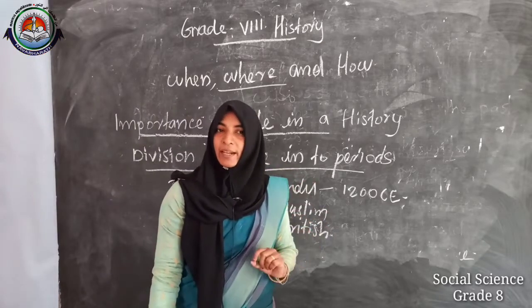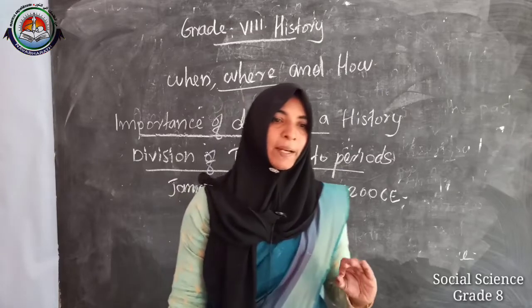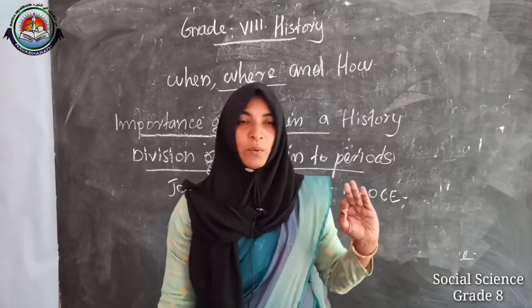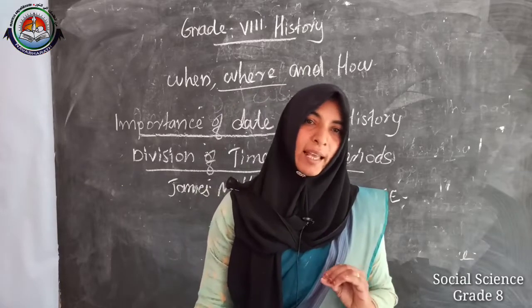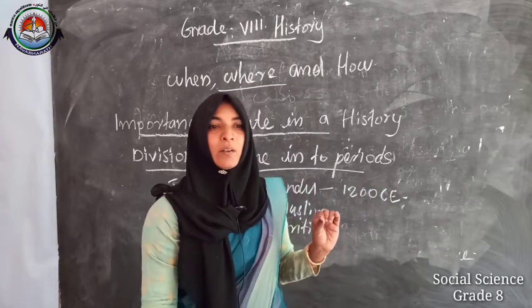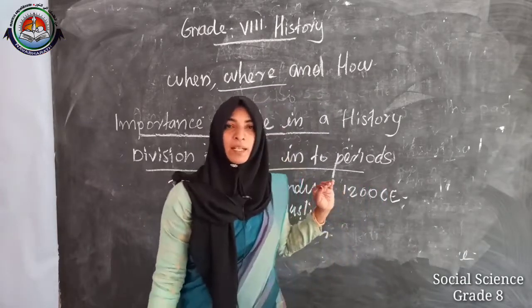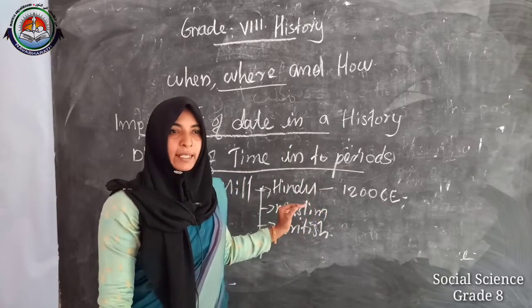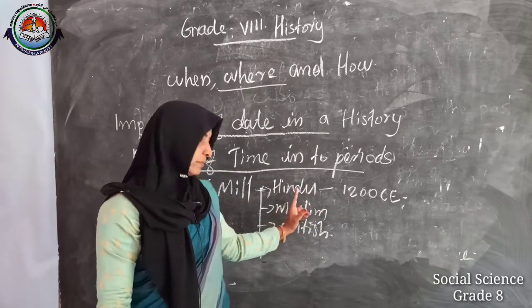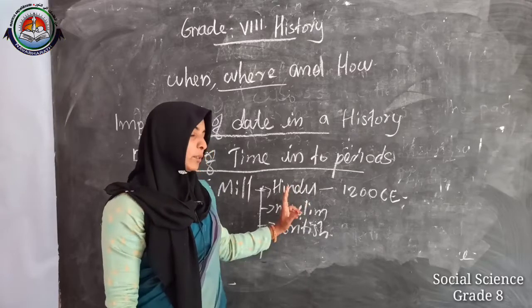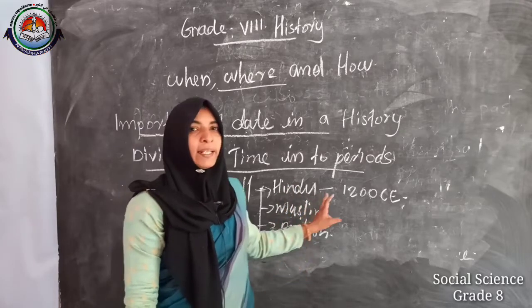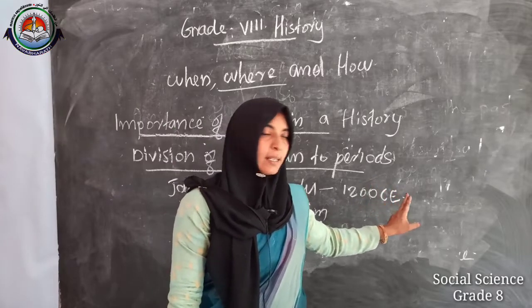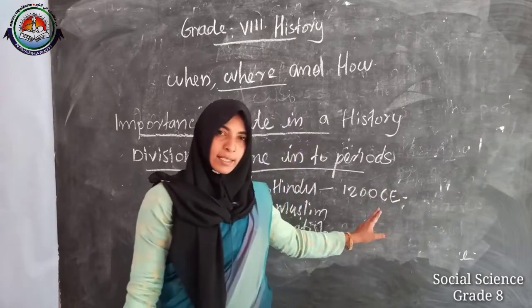James Mill divided Indian history into three parts according to the religion of rulers and their language. That division is done on the basis of the religion of the rulers and their language. Division was like this: Hindu, Muslim and British. Hindu period is considered up to the 12th century.